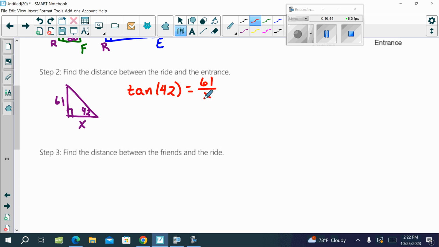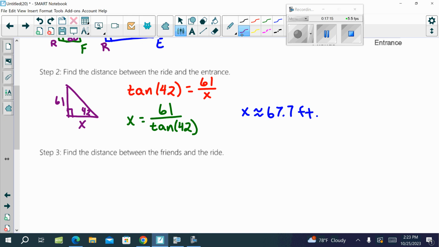And what do we do whenever we have x in the denominator? We divide, we flip. So x is going to be 61 divided by tangent of 42. So what do we get there? 67.7? Approximately. All right, so the distance between the ride and the entrance is approximately 67.7 feet.